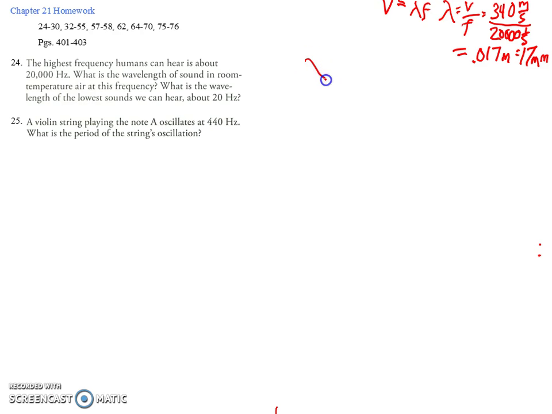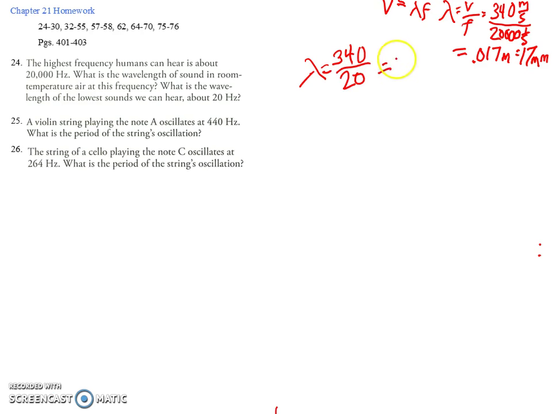So that wavelength is equal to 340 divided by 20, or 17 meters. The answer to 24 is C, as in cat.